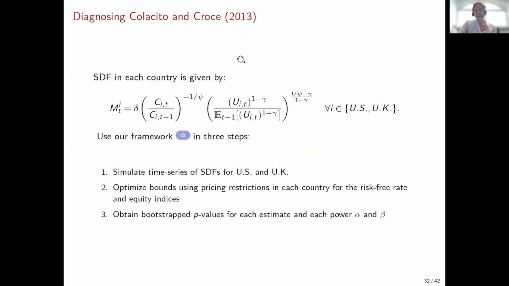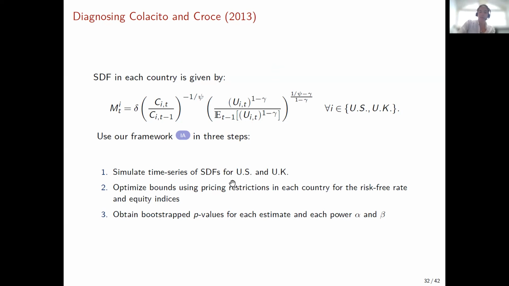What we do now is we take the stochastic discount factor in each country. We have a stochastic discount factor in the US and we have one in the UK. We simulate their stochastic discount factor using the parameters that they give in the paper. And then we try to derive the bounds using the return data that are assumed in the paper.